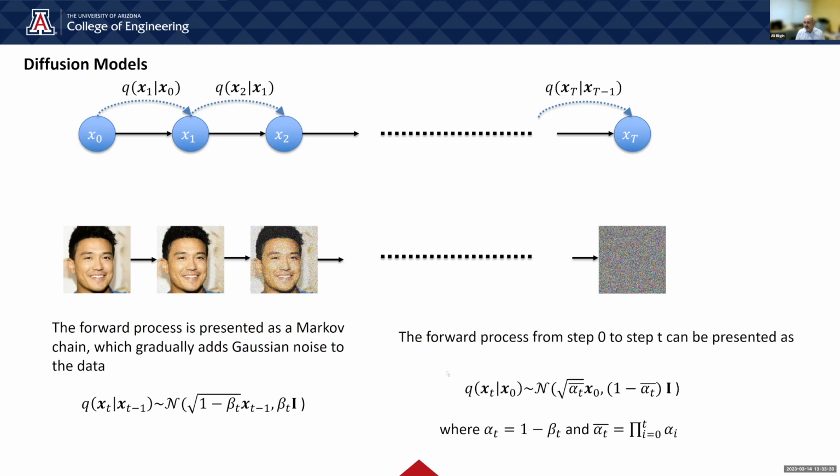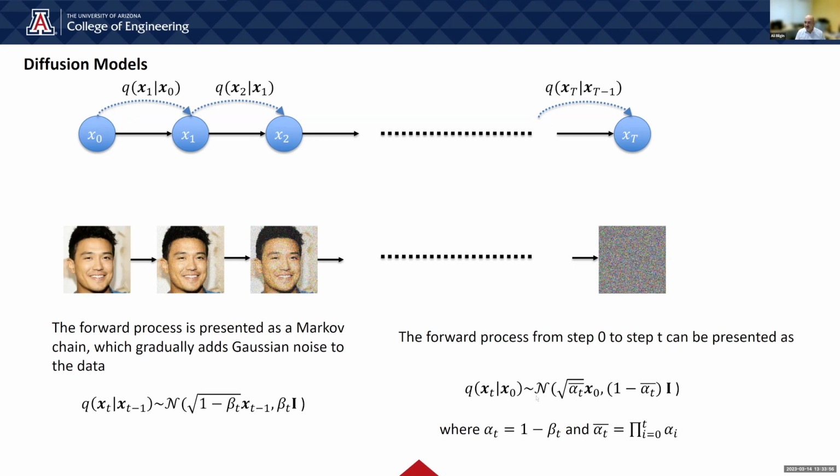Okay. And using these Markov properties, it's also possible to model the steps not necessarily one at a time; given step 0, you can also model step T in this way as well, right?